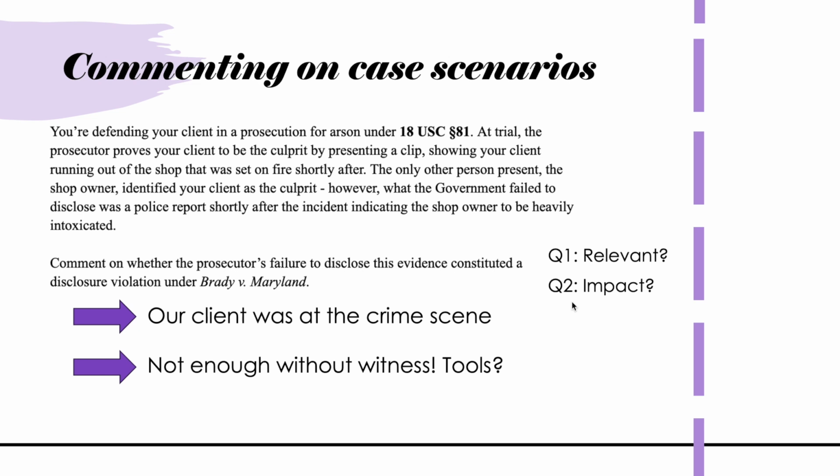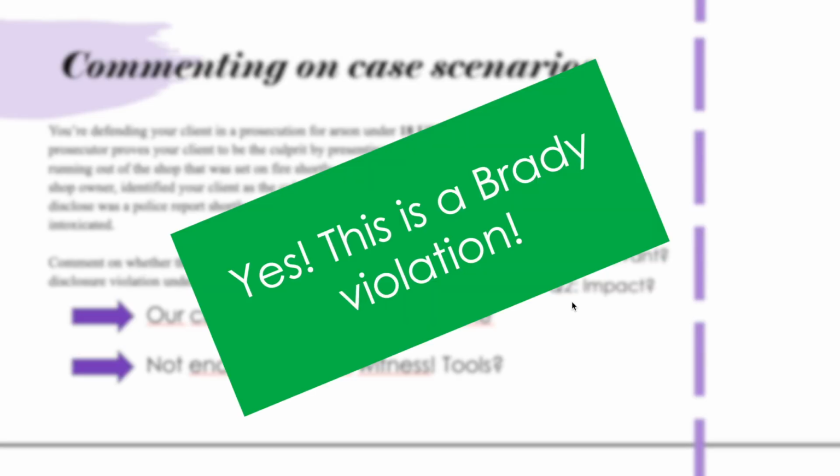Well, of course it would, because again, it challenges the witness testimony, the witness credibility. So, yes, this is a Brady violation under the standards set in Brady v. Maryland. And that's essentially how prompts like this work. You work out some key takeaways and formulate your opinion based on those takeaways.